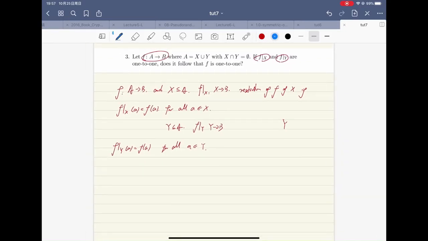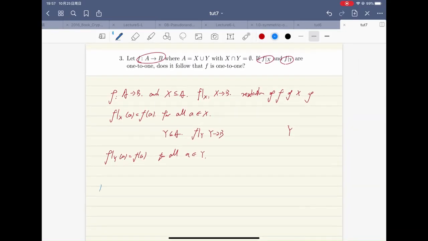So how can we do that? Let X equal the set that only has the element 1, and Y the set of 2. Then we have A equals X union Y equals {1, 2}, and B equals {2}, say 2, right?